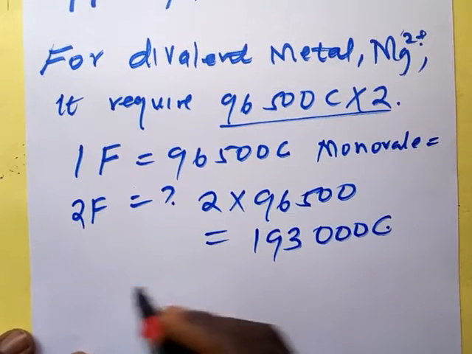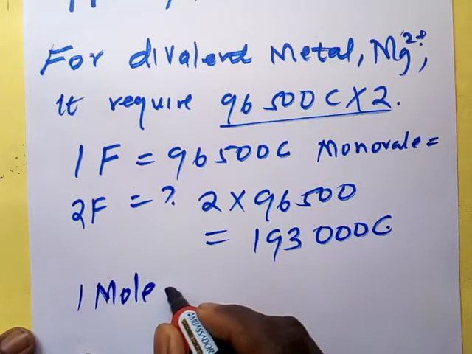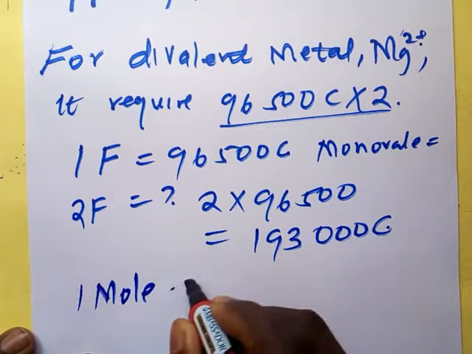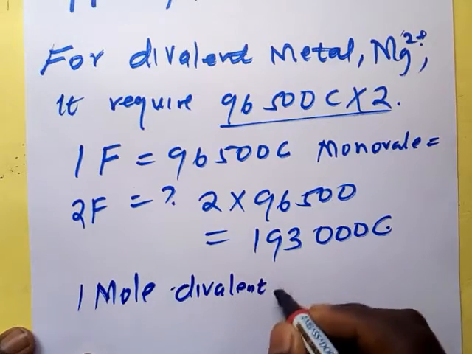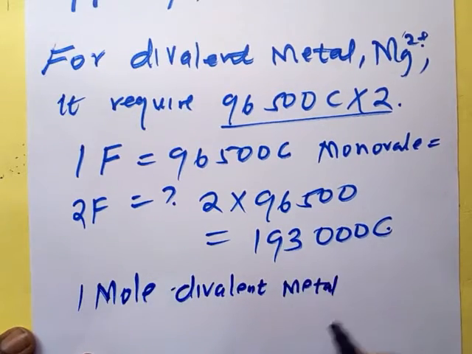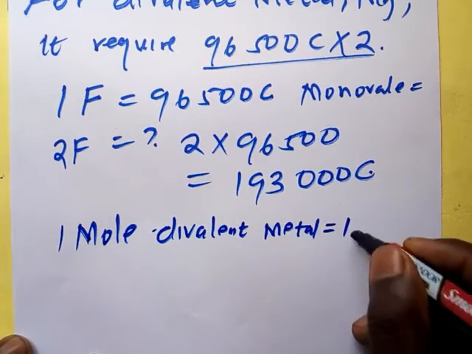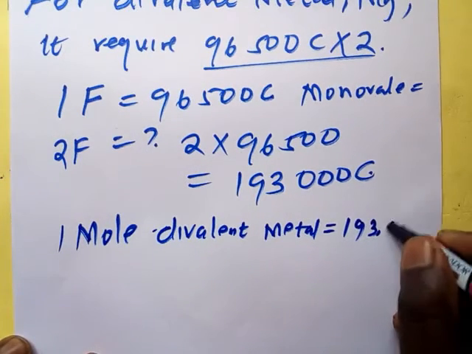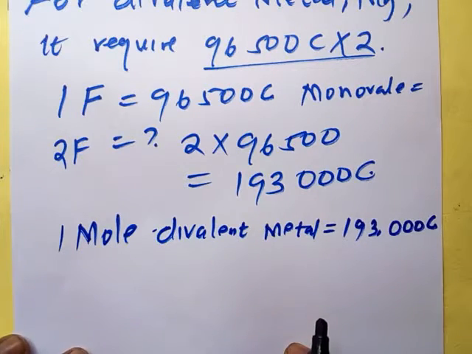So 1 mole of a divalent metal contains 193,000 coulombs. Very important.